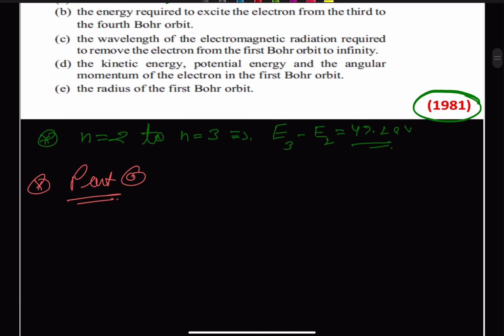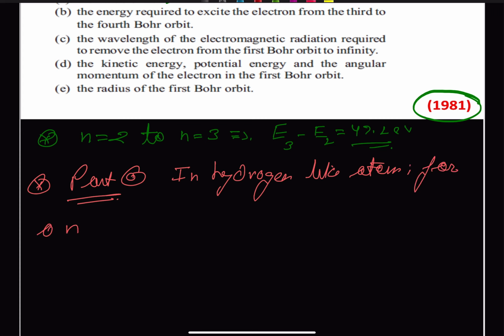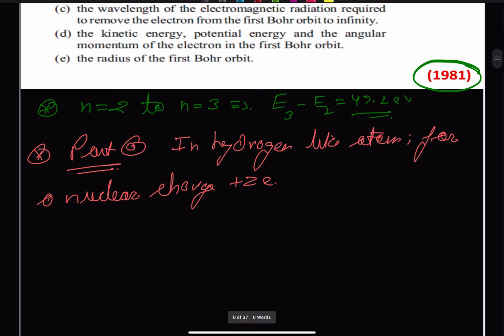So we can say that in a hydrogen-like atom, for a nuclear charge plus Ze, we can write the equation for the energy for the nth orbit.